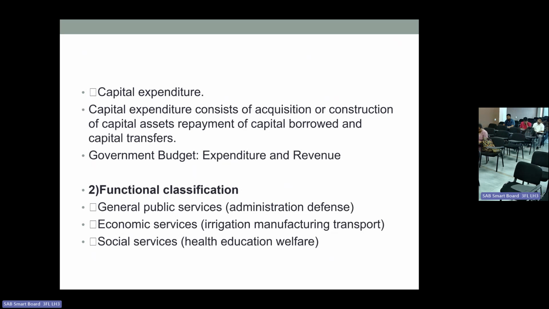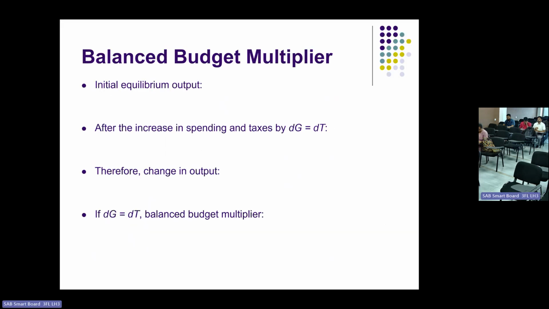There is also a functional classification: public service, economic services, social services. Please look at the central bank annual report to get an idea about this expenditure, according to economic and functional classification.